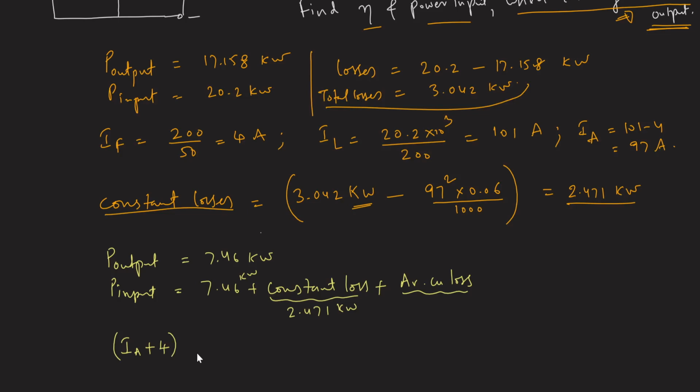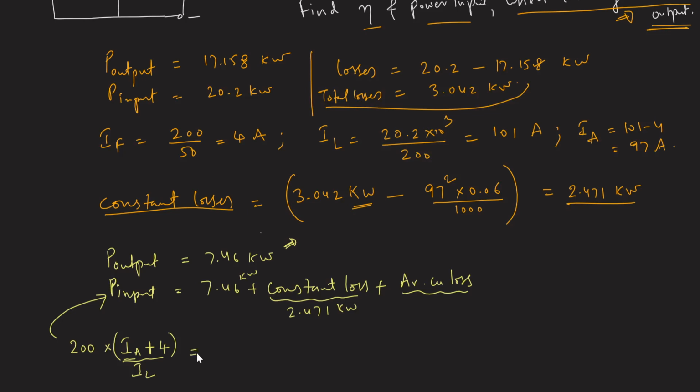Now if I multiply this by 200 volts, I will be getting another expression for power input. I am assuming an armature current of Ia at this output power. To this I am adding a shunt current of 4 amps, that gives me the line current. This line current multiplied by the 200 volts terminal voltage gives me the input power.